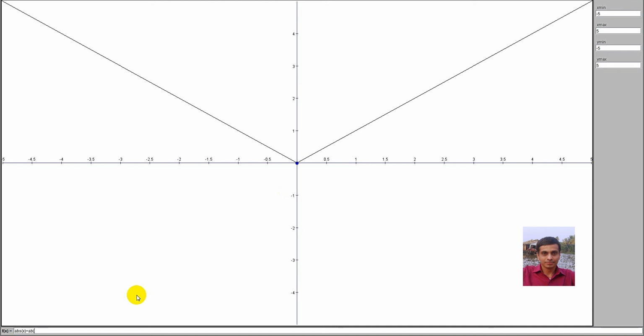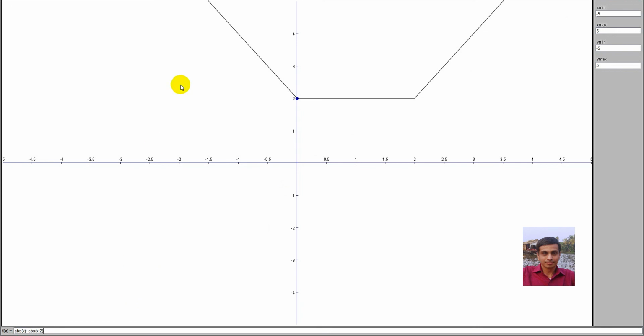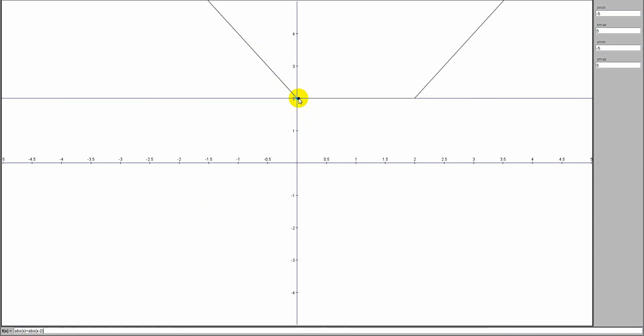Let us add a few points. Say I change the graph this time. Absolute value of x, that is mod x, plus absolute value of x minus 2. Now this is the graph. Mod x plus mod x minus 2. At this point, and at this point, at x equal to 2, there is a sharp turn and the function will not be differentiable because a sudden change happens while achieving the limiting position of secant line.